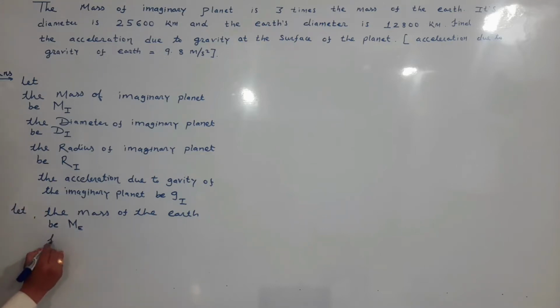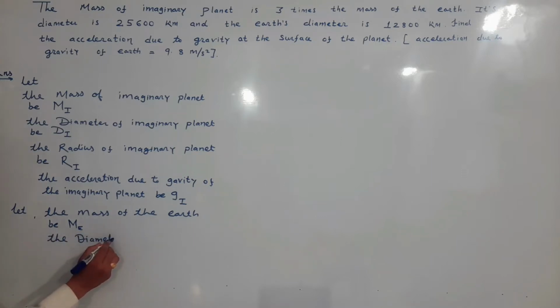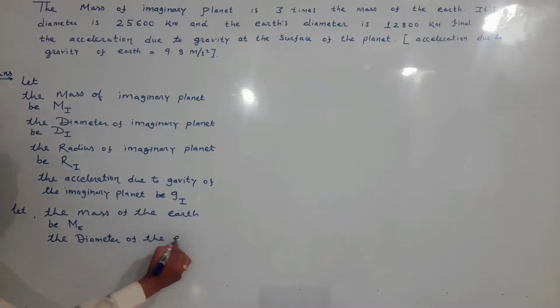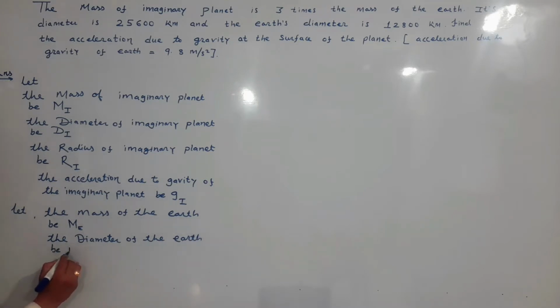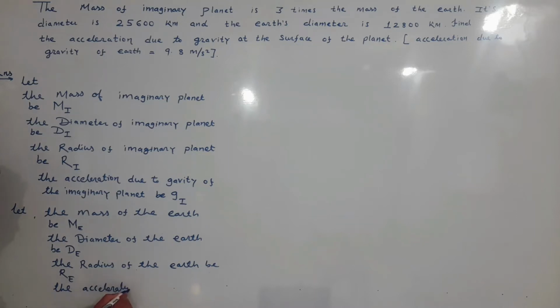The diameter of the earth be De. The radius of the earth be Re and the acceleration due to gravity of earth be Ge.